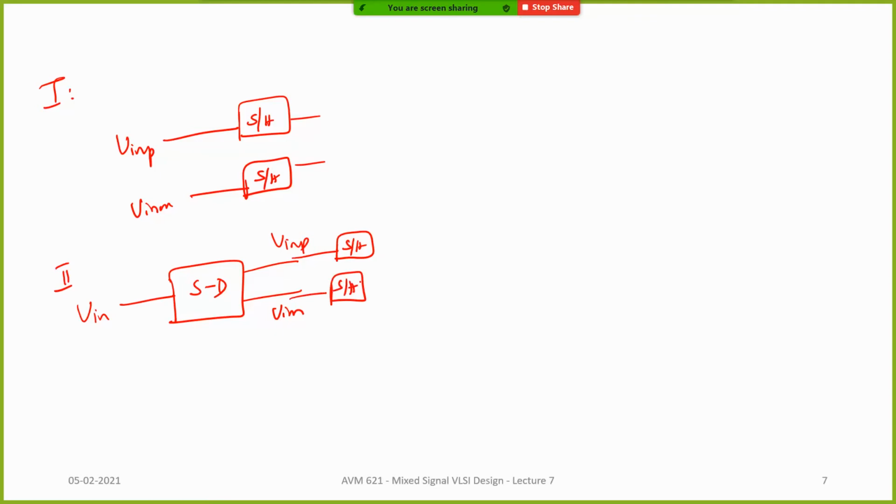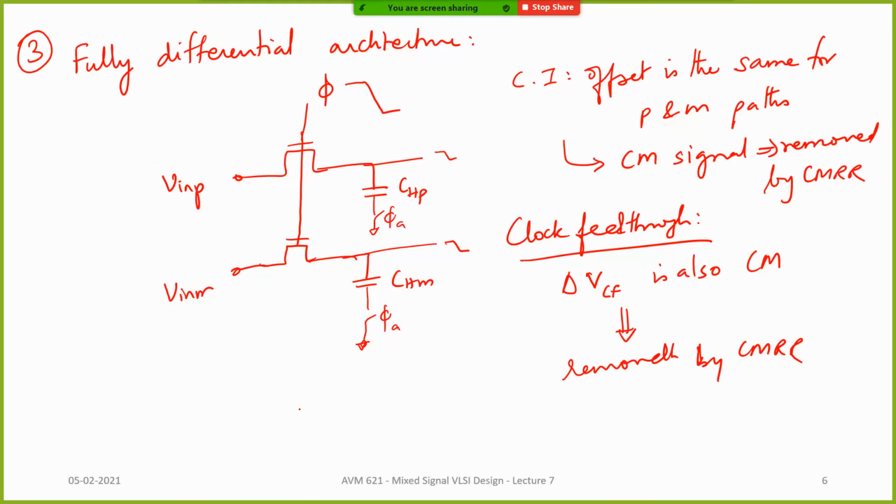Now the third option is if you have only V in and ground, you will basically sample the V in here and you'll sample the ground here. Now what happens is you have a differential signal and then you use it. So there are tons of advantages by using fully differential systems, and you solve a lot of problems which arise in circuits by using fully differential systems. So which is why all the architectures are fully differential.